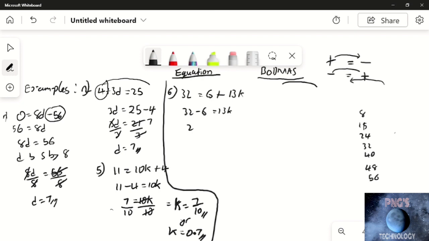It gives us 26. 26 plus 6, that is 32 now. Equals 13k. So divide both sides by 13. So 13 cancel 13, 13 cancel 26 2 times. So 2 equals k, k equals 2.